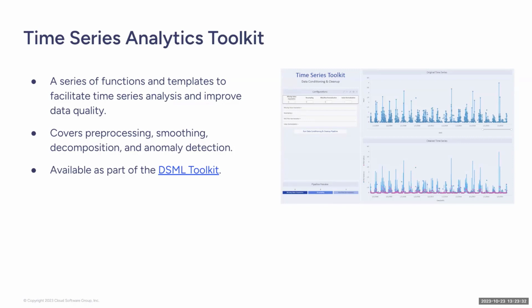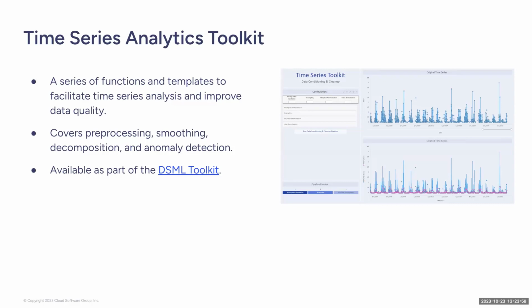And there is also a decomposition function to break down time series into components like trends, seasonality, and residuals. And finally, there is an anomaly detection function to detect abnormal behavior in the data, with data points that deviate from the expected patterns. And this time series analytics toolkit is available as part of the Spotfire DSML package.